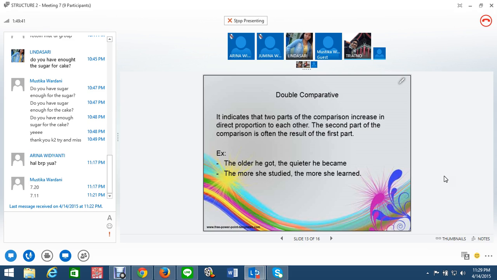The more dangerous it is, semakin berbahaya, the more I like it, semakin saya menyukainya.